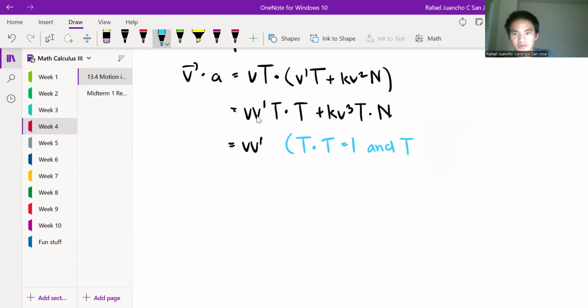And if we do the dot product of my unit tangent and my unit normal, I just get 0 because they're perpendicular. If I multiply this by 0, that turns everything to 0 here. And then here I just turn it into a 1, and so I'm left with that.